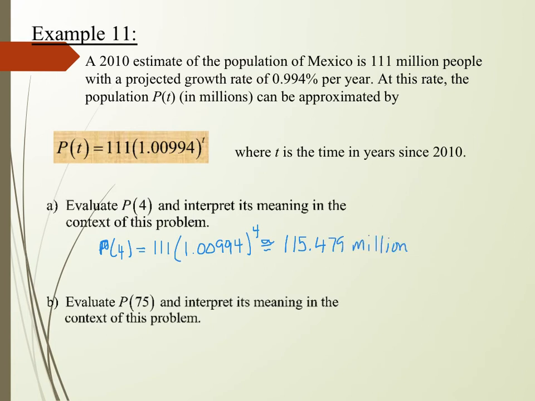So that's in millions of folks. Now when we do it with P of 75, you should do this on your calculator. And when you do it on your calculator, you should get approximately 233.07 million people.